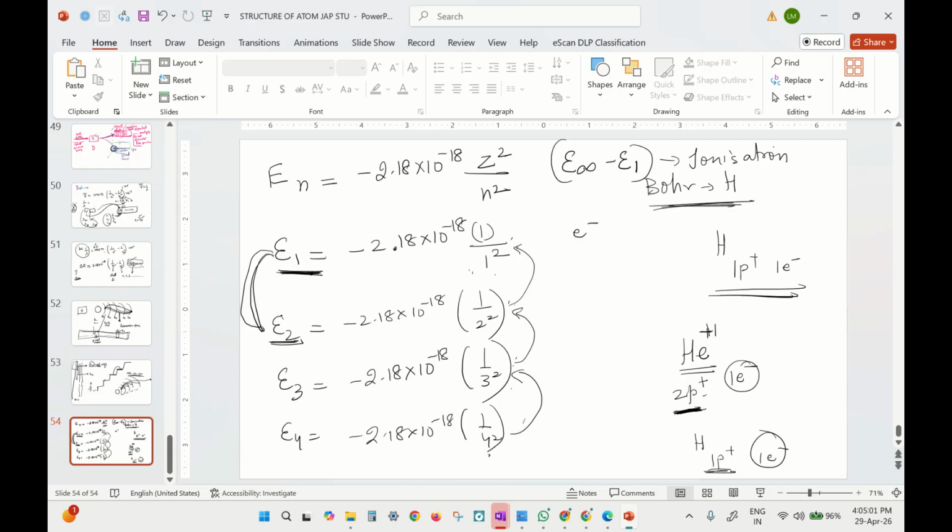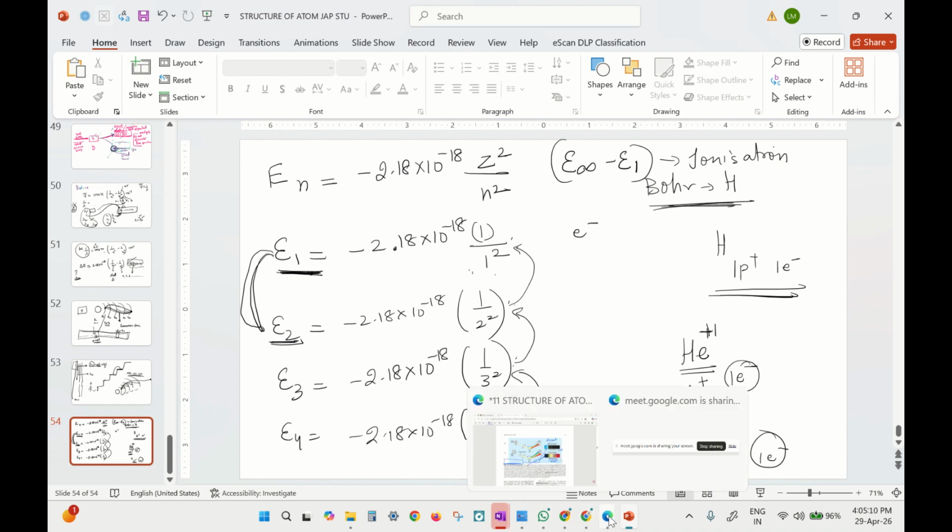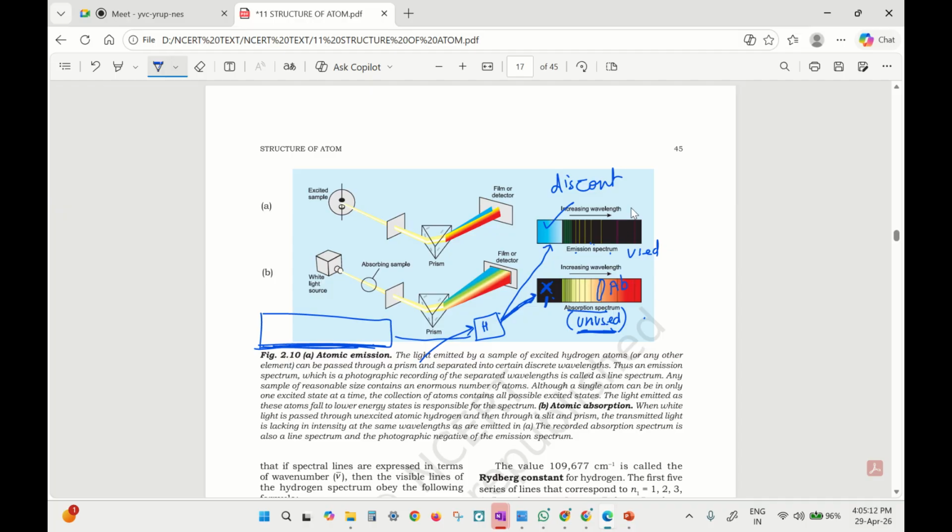So only certain frequency values were found in the emission spectrum. From the emission spectrum, the energy levels in the atoms became clear. With the help of this only, Bohr proposed his theory of quantized energy levels.